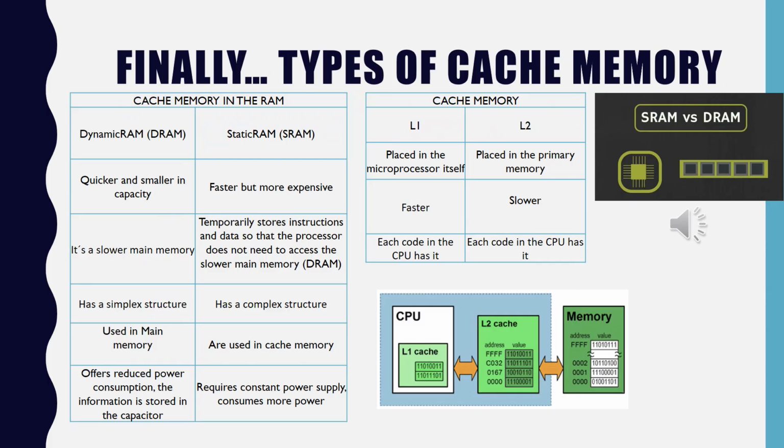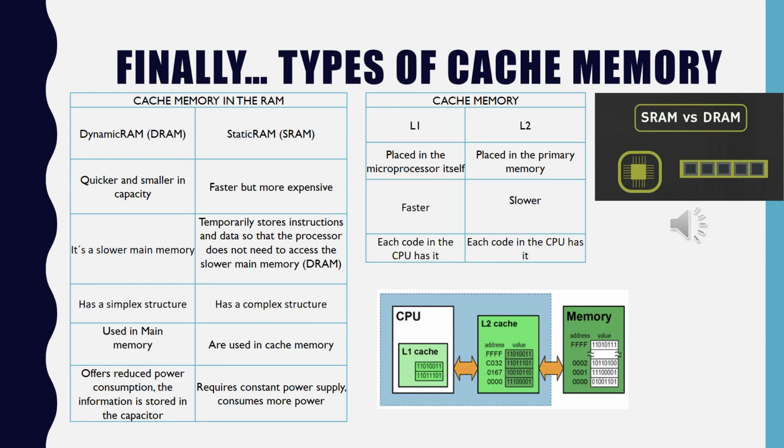We have some types of cache memory. The first one is the cache memory in the RAM, and the second one is the cache memory in the L1 and in the L2. We're going to talk first about the cache memory in the RAM. There are two types, the dynamic RAM or the static RAM. The dynamic RAM is quicker and smaller in capacity, has a simplex structure, using main memory offers reduced power consumption, and the information is stored in the capacitor.